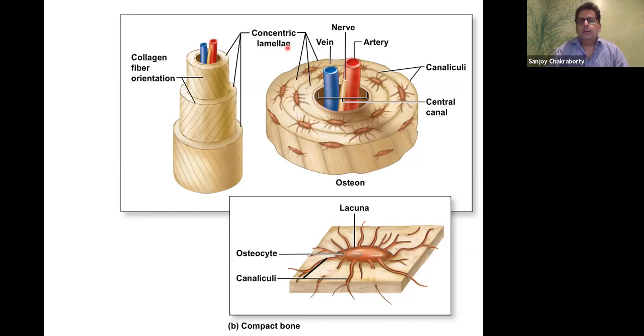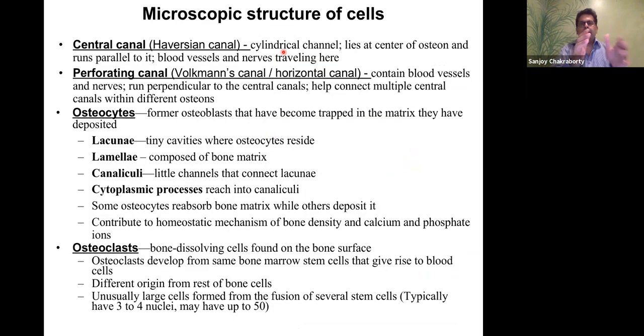Lamellae is the plural. Lamella is the concentric ring of the bone matrix. So if you look at the entire structure, at the center is the central canal or Haversian canal. Then the osteocyte is sitting in the lacuna. Lamella is the ring of bone matrix, and the canaliculi are those narrow channels with cytoplasmic processes reaching through them.